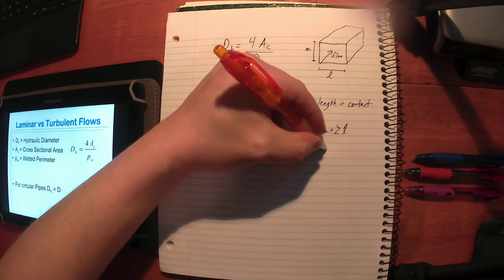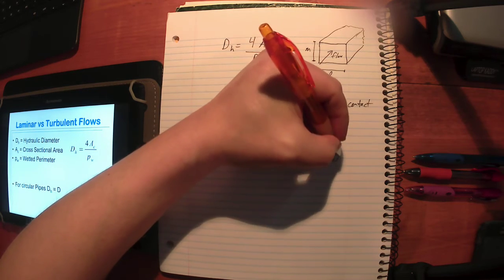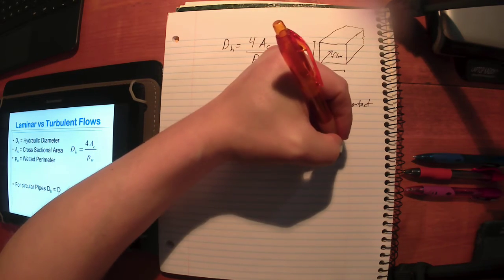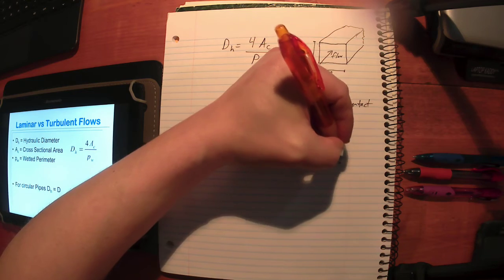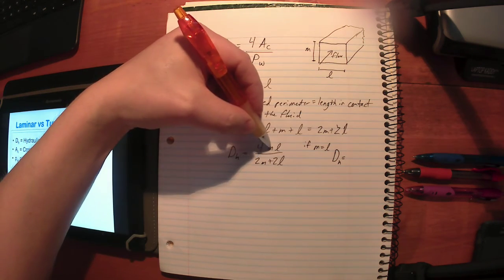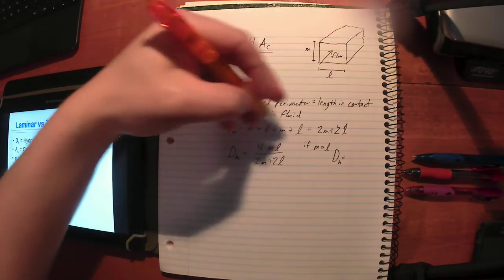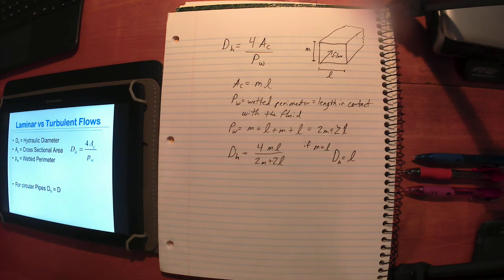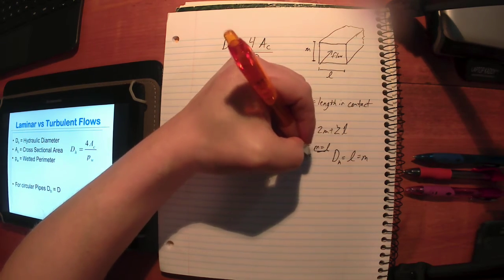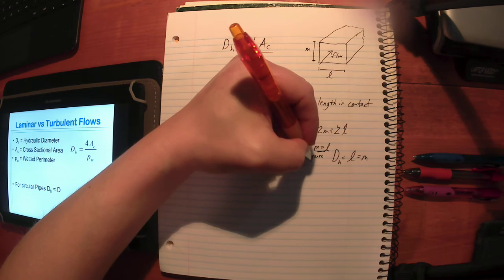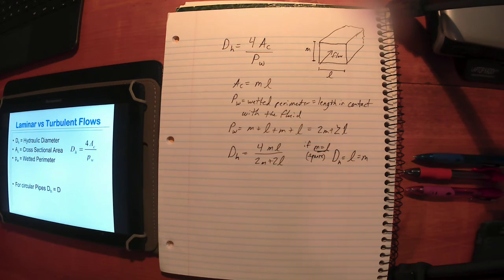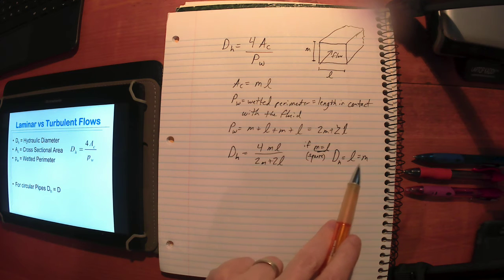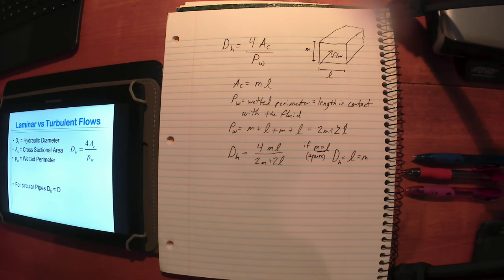The hydraulic diameter just ends up being 4L squared over 4L. That's just L, which is also M. Okay, so if the conduit's square, this length is just the length of one side.